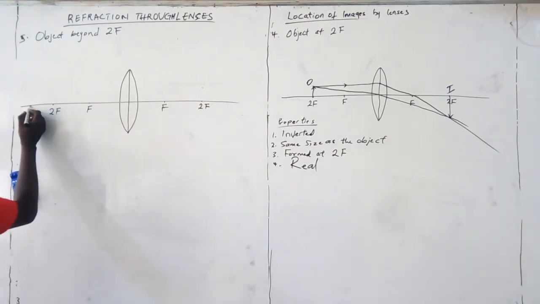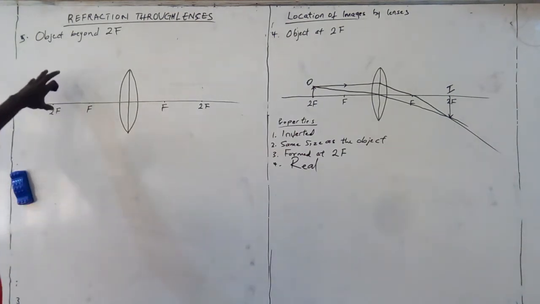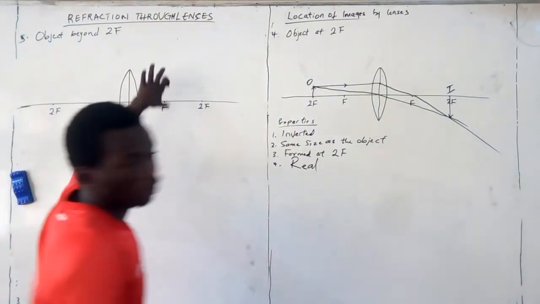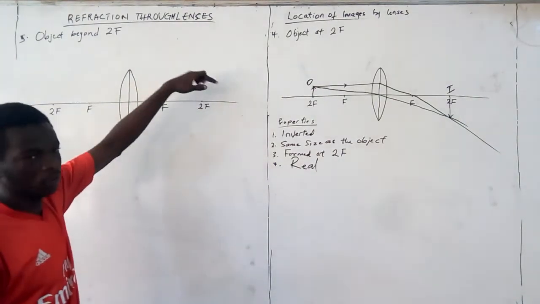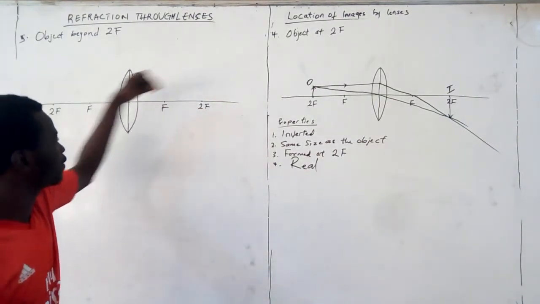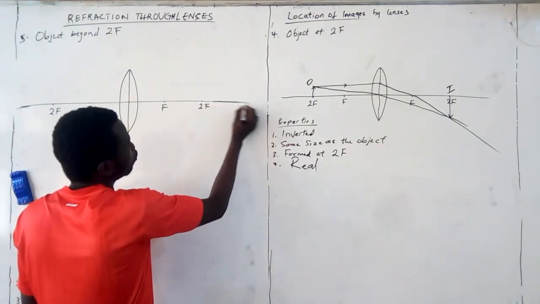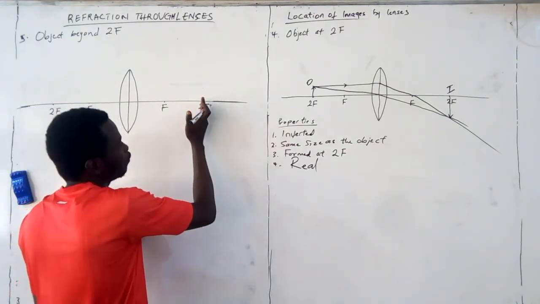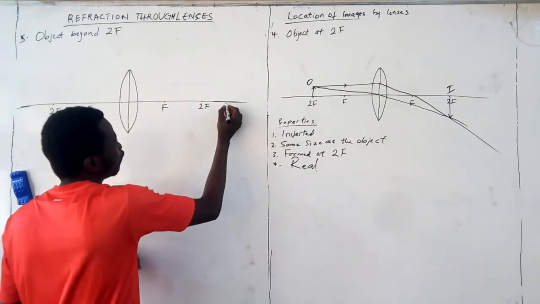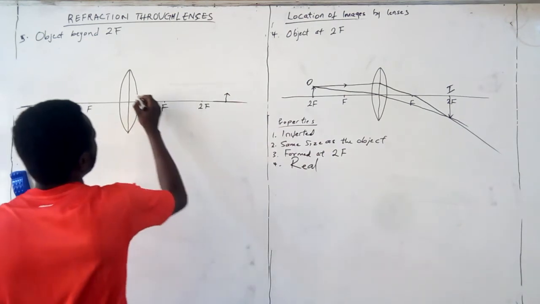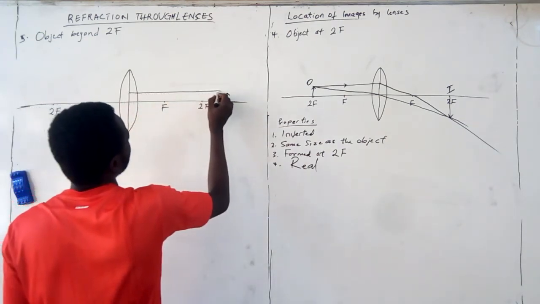So we've been placing the object at this side. Note that you can place your object at any position, either this side or this side. So let's use this side now. Let's say we place it beyond 2F, so this distance from here is beyond 2F. So let's have our object placed at this position.